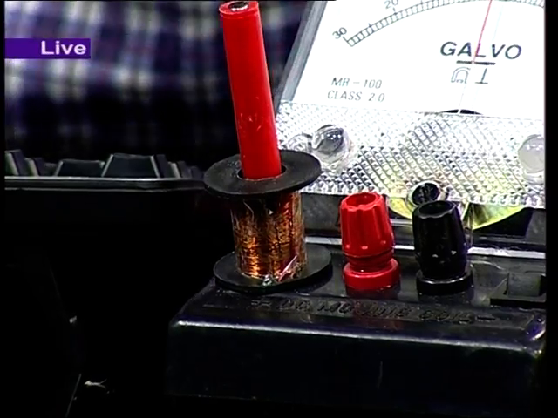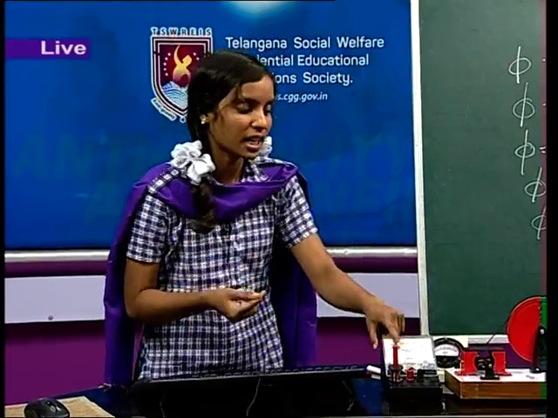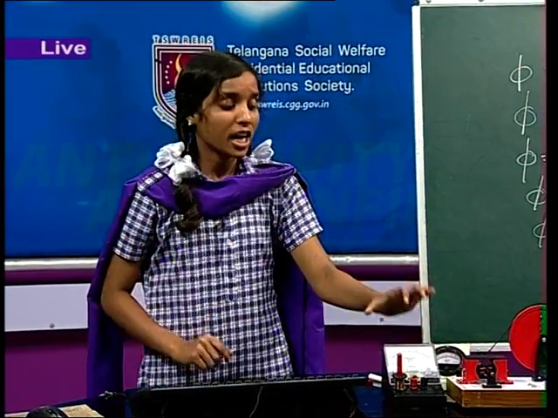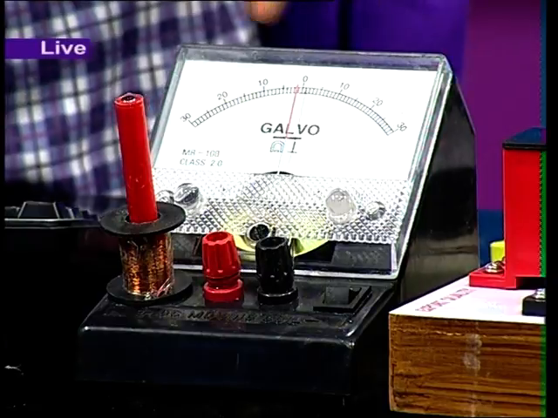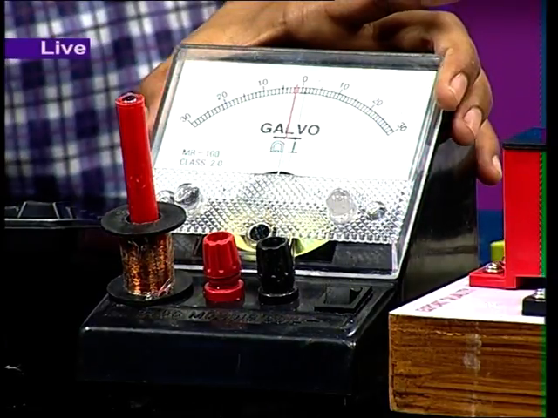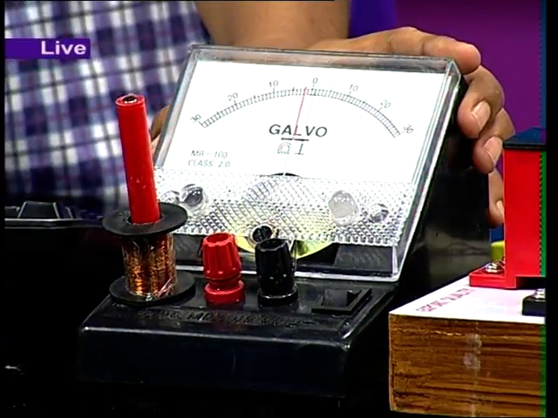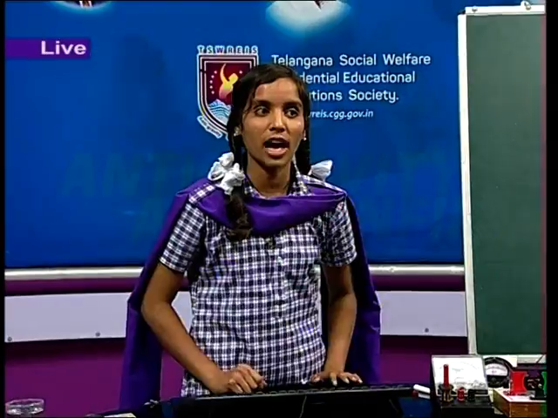When we insert the bar magnet inside the coil, current is induced. So the deflection in the galvanometer shows that current is induced in the coil. If I keep the bar magnet stationary, is there any deflection in the galvanometer? There is no deflection. Why? Because no current is induced. Only whenever current is induced does it show deflection. Are you clear, friend?